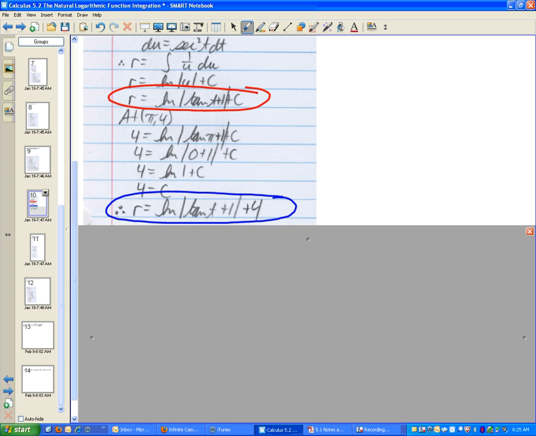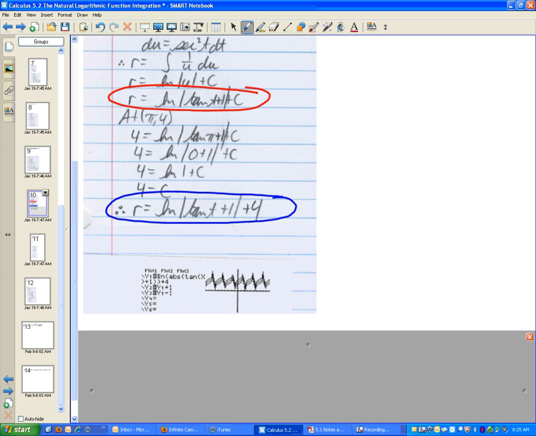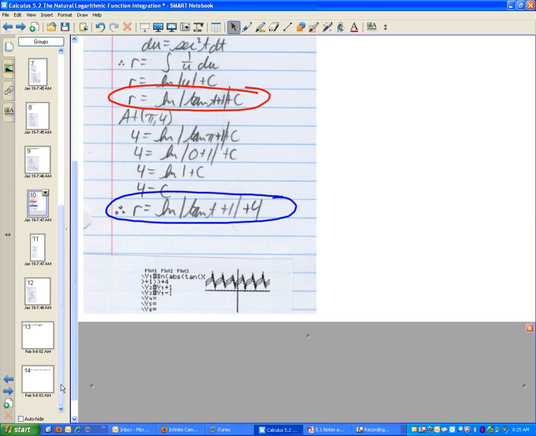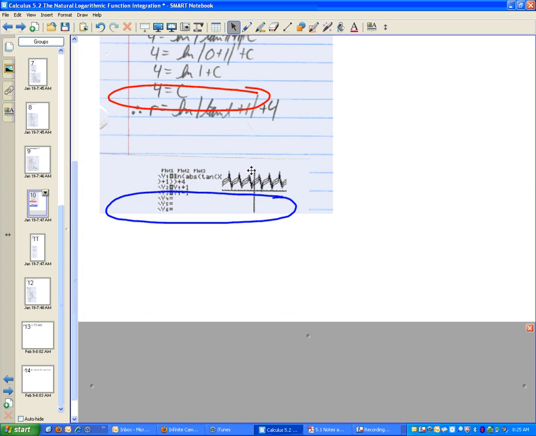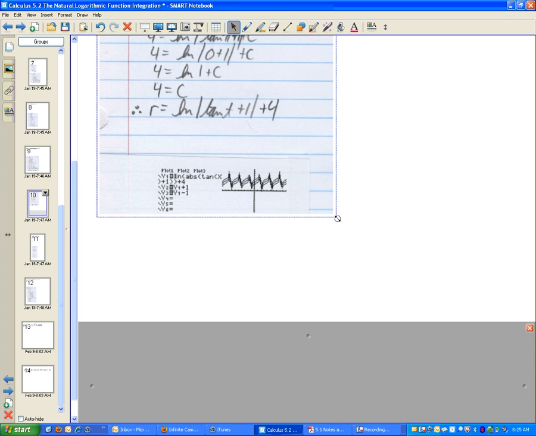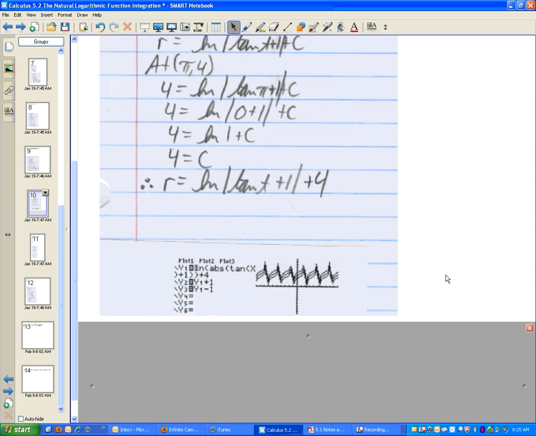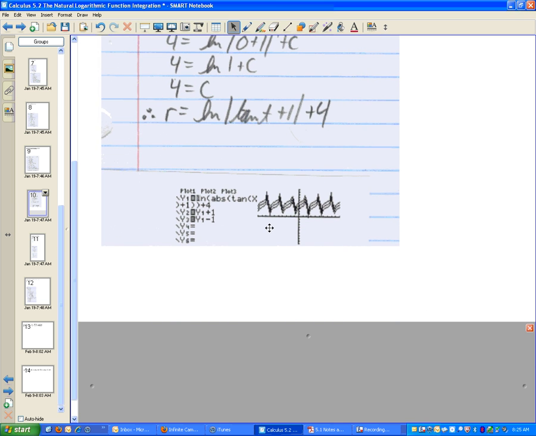All right, then we were supposed to use our calculator to graph this. So I did. I typed in for y1 the natural log of the absolute value of the tangent of x plus 1.